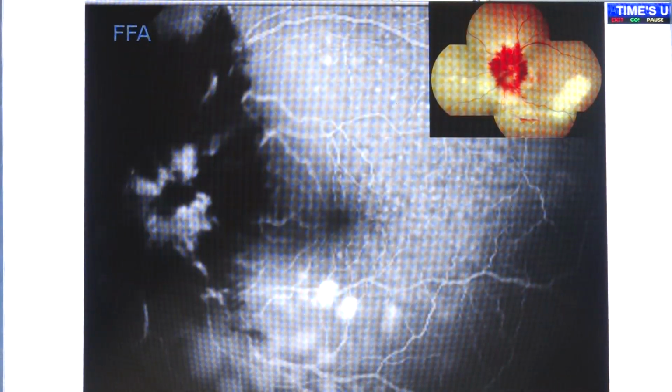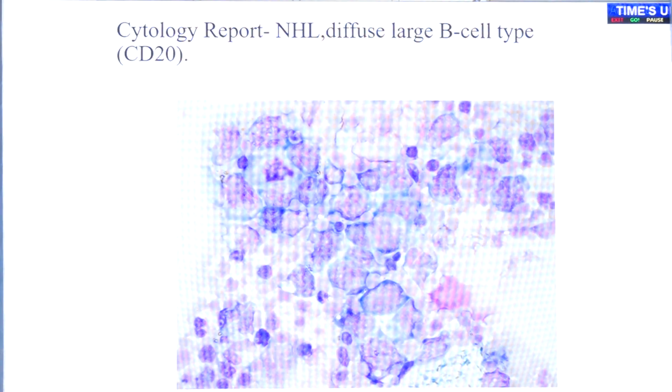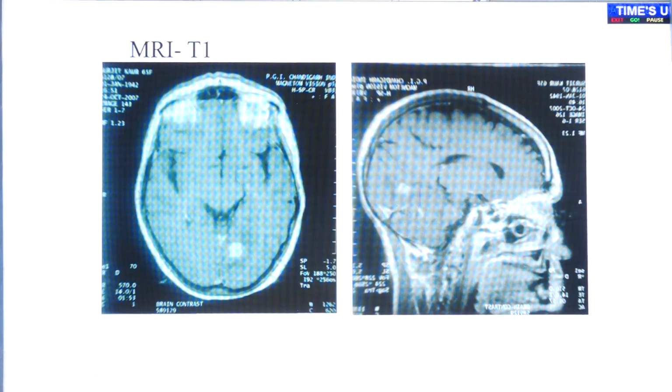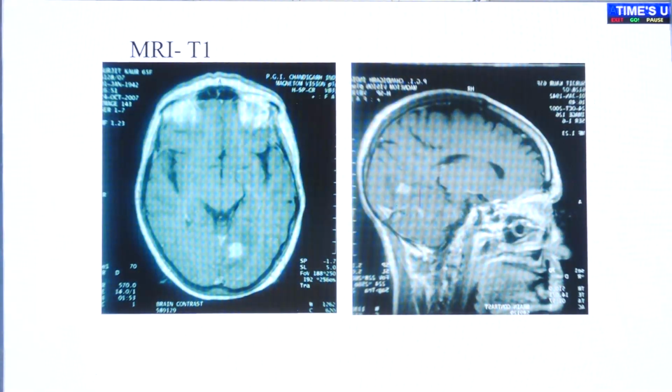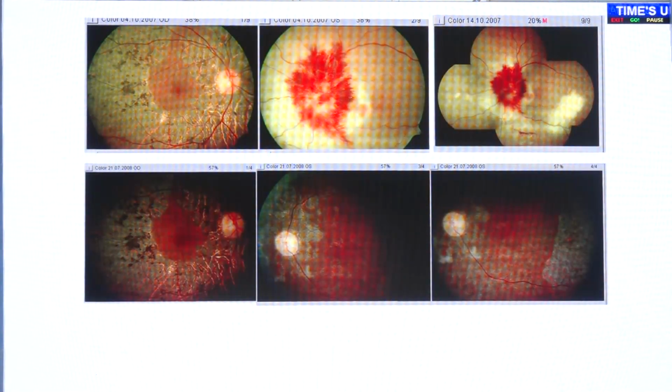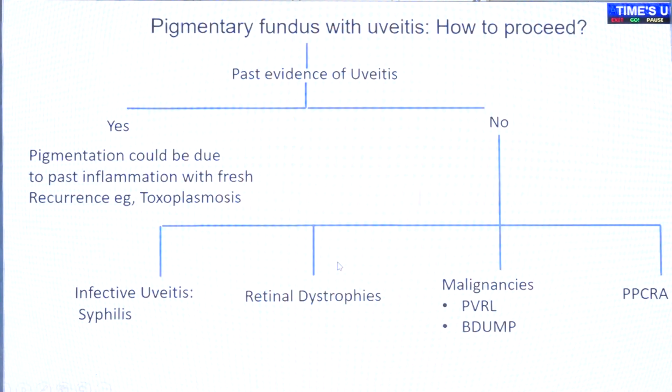So this is what lymphoma is, and if you do OCT through this, lymphoma deposits are typically between the RPE and Bruch's membrane. So this was a diffuse large B-cell type of lymphoma. It is important to do MRI, because many of them may have an associated lesion in the brain. And this is how the lesion heals, which produces pigmentary lesions.